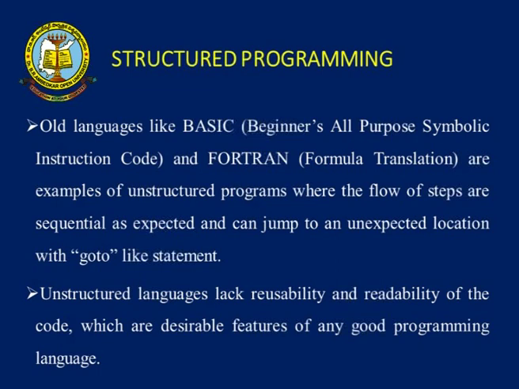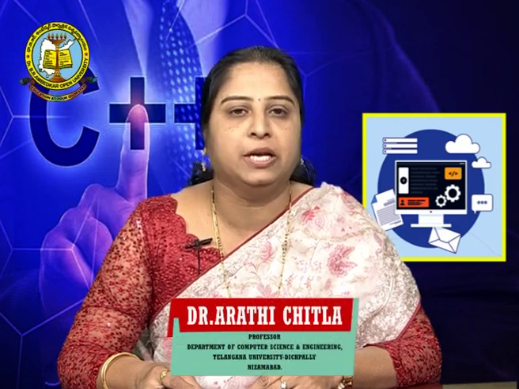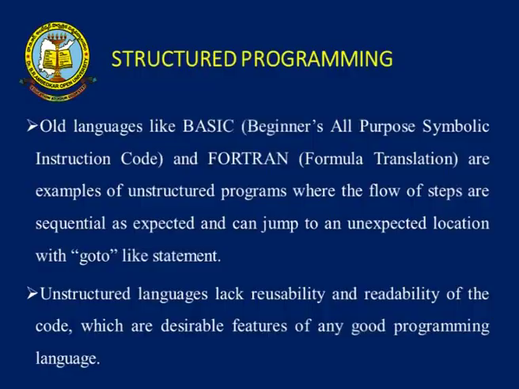They can jump from one statement to another statement. These unexpected jumps are possible with the help of go-to statements. These go-to statements will not be there in structured programming languages, which follow sequential steps. These unstructured programs lack reusability and readability of the code.